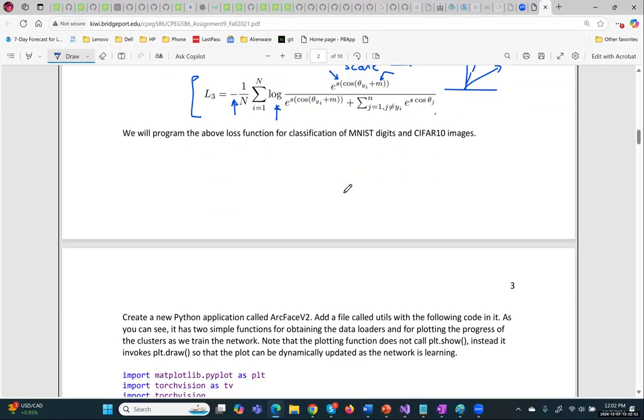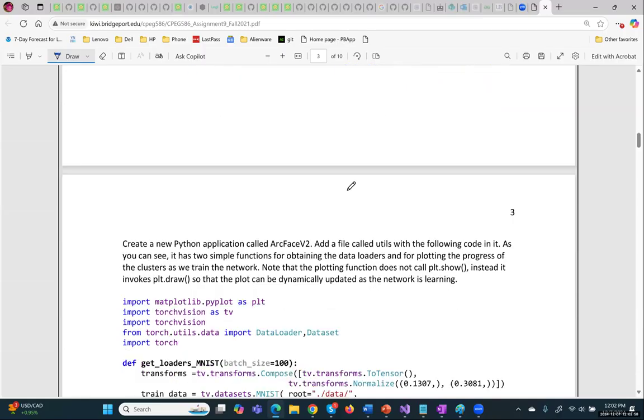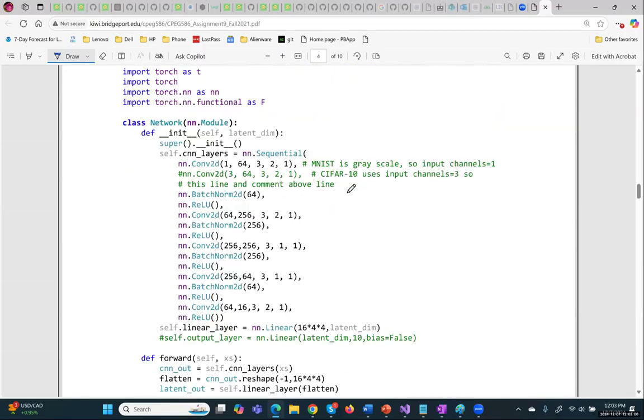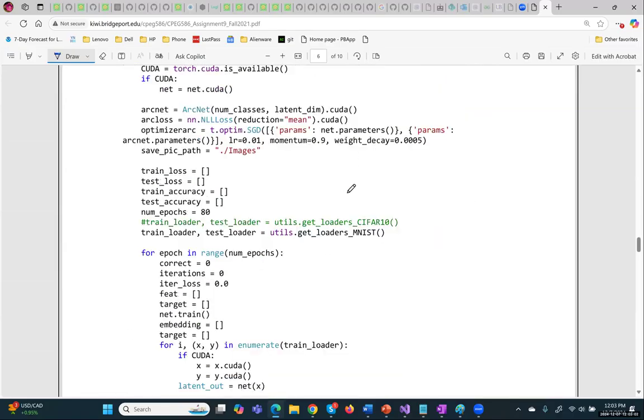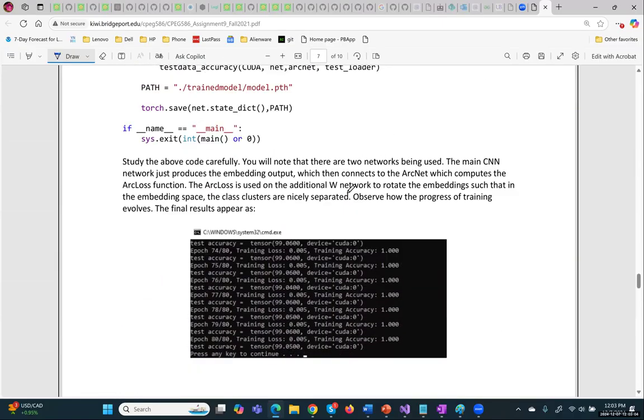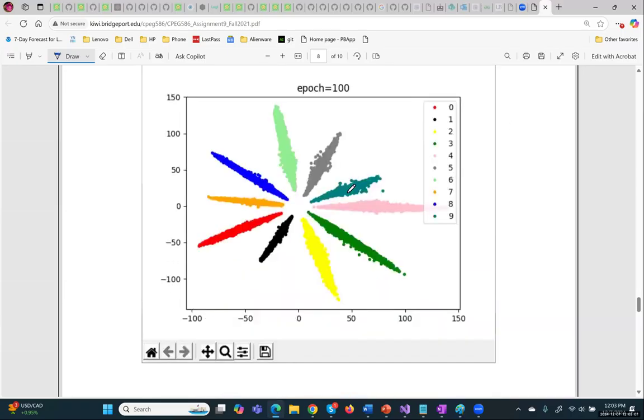Okay, so try to go through it, see if it is making sense, and I'll just show you the final pictures, and by looking at the final picture, see if it makes sense now. If we again go to the 2D latent space, do you see it creating angles between classes, and it's pushing them farther away?